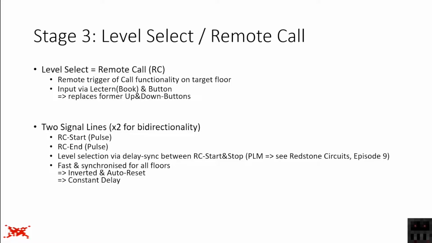So I have a bit of a dead time where I can't send a second pulse, but after that I can just send a pulse and everything is working with constant delay. So that's the reason I went with the setup here.